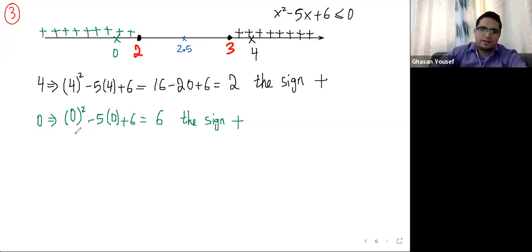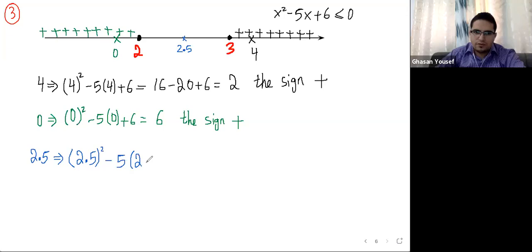Plug the 2.5 inside the equation here. 2.5 squared minus 5 times 2.5 plus 6. What do I get?